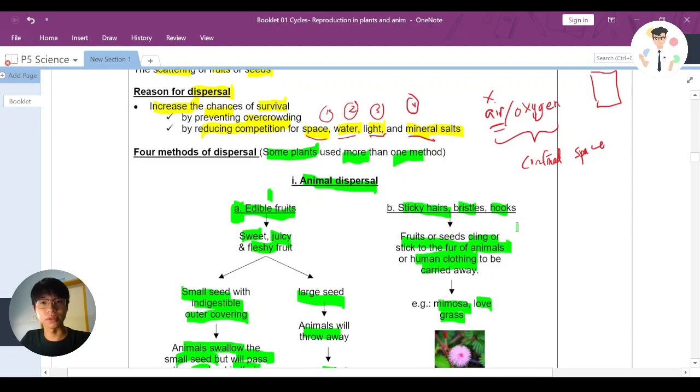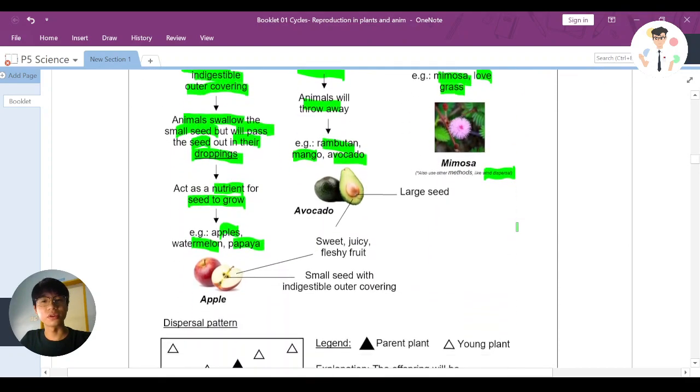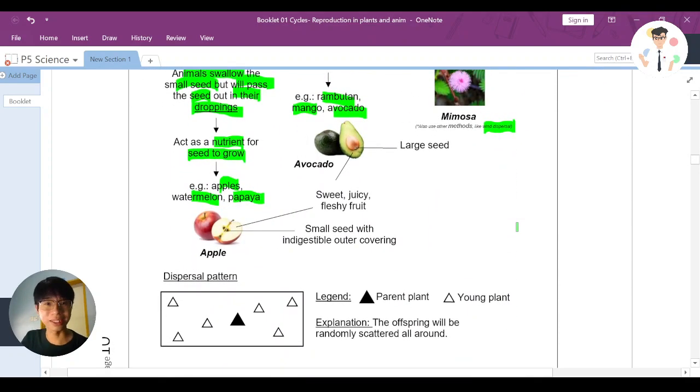Under animal dispersal, something very important to notice is the dispersal pattern. What do I mean by dispersal pattern? For example, this shaded triangle is a parent plant, and this unshaded triangle is a young plant. This is the parent plant, and these are the small plants.